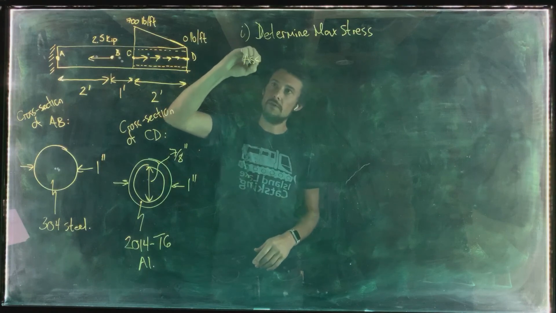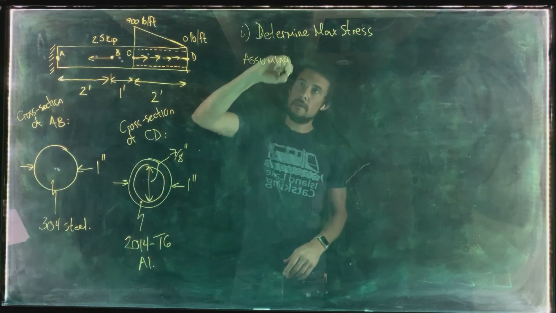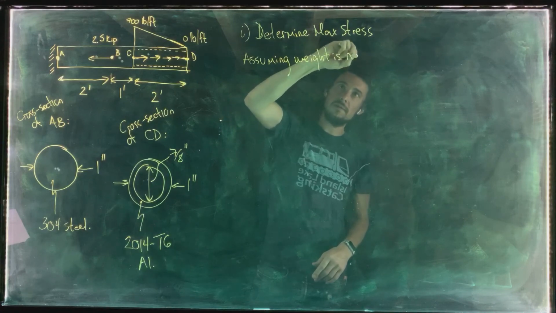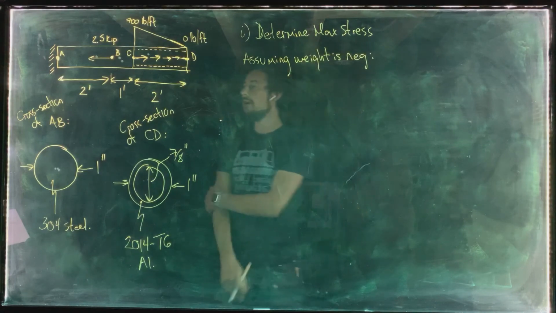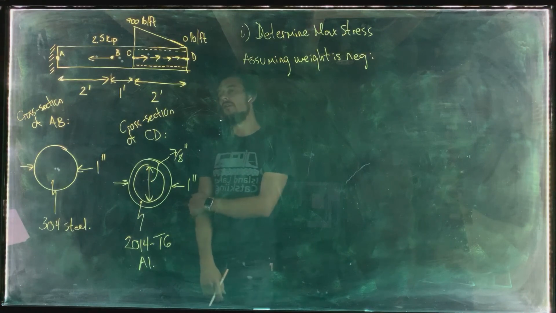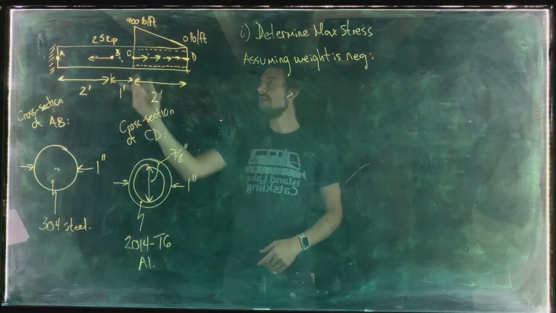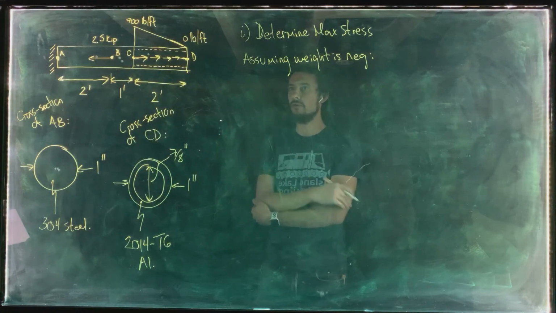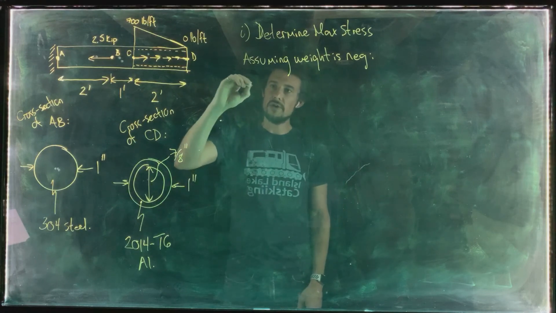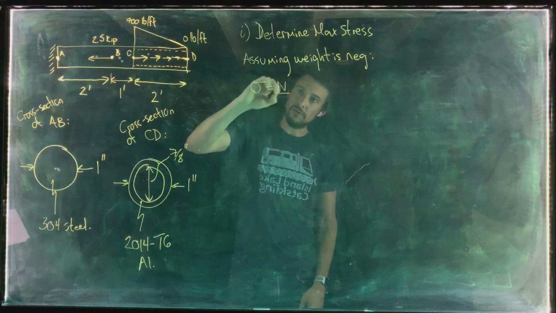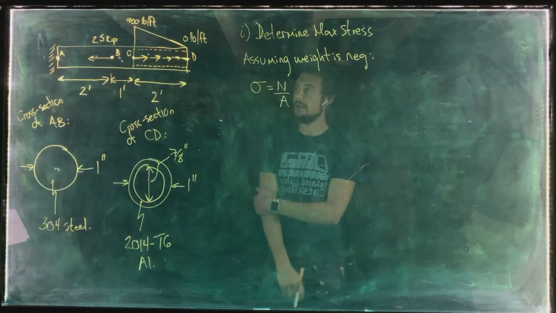So assuming that weight is negligible, right? Then we have all horizontal axial loads. So there's only going to be internal normal forces within this assembly. So we're only going to be dealing with normal stresses. So our equation for normal stress, if you remember, sigma equals N divided by A, right?